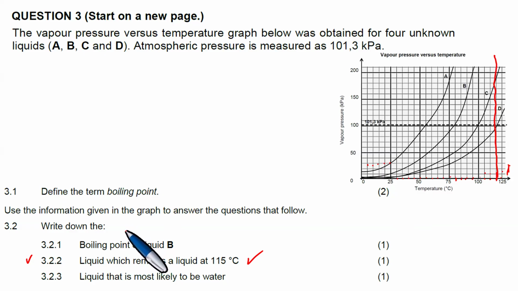So with this, what then do you say? There is a liquid which remains a liquid at 115 degrees in 3.2.2.